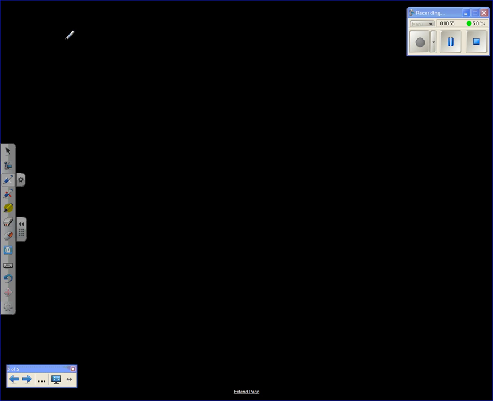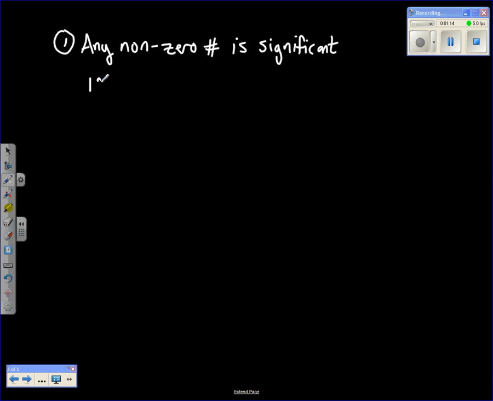First of all, our first example would be any non-zero number is significant. Okay, so an example of any non-zero number could be like 123, or 5, or maybe 63.